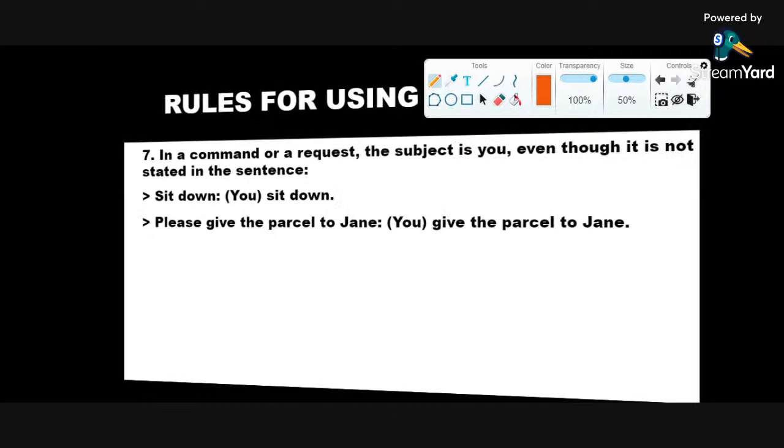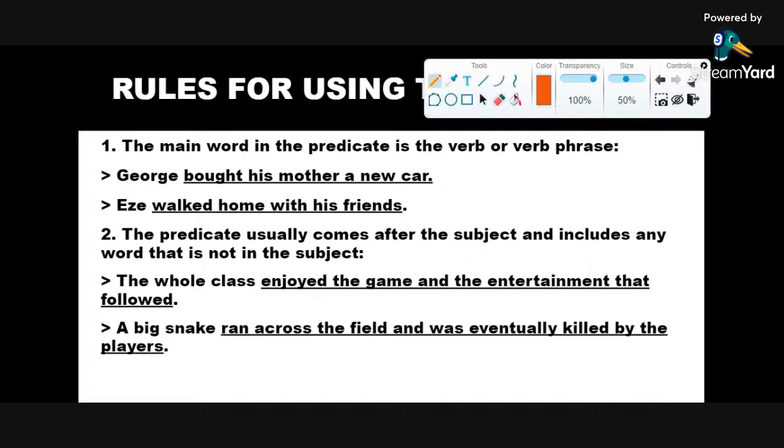And then let's look at the next item, and that is rules for using the predicate. The first rule is that the main word in the predicate is the verb or verb phrase. We already hinted at it while stating the rules for the subject, when we were introducing the lesson.